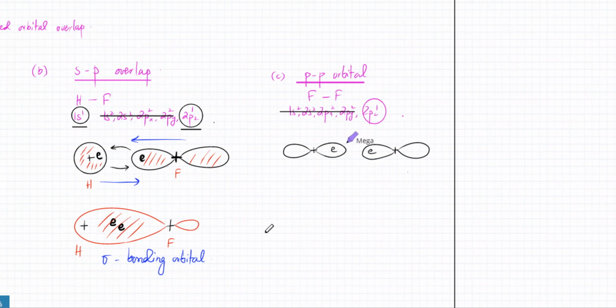They would try pulling each other's electrons, and the electrons would be stuck in the middle area. The two nuclei would be fighting over electrons, and the electron density would become greater in this middle area. It's going to shrink on this side and on this side as well. So the maximum probability of finding those electrons would be right in the middle, and that's how your p and p orbital overlap would look when two p orbitals merge.